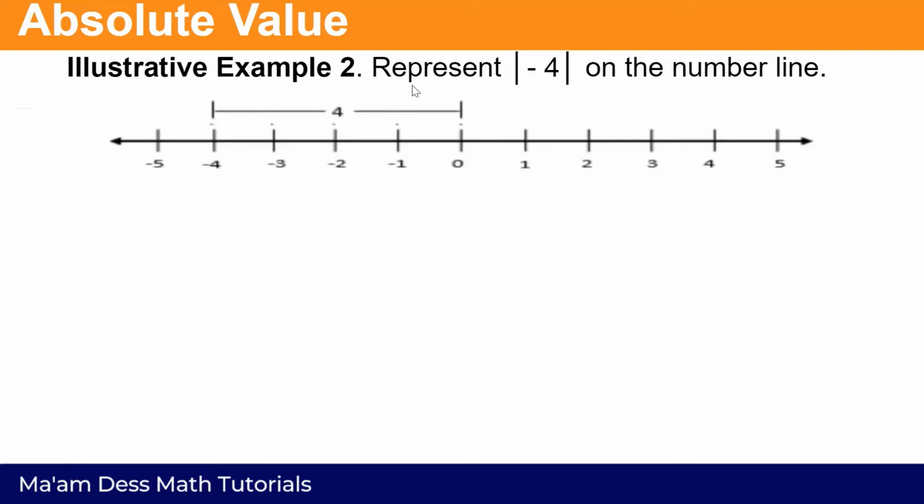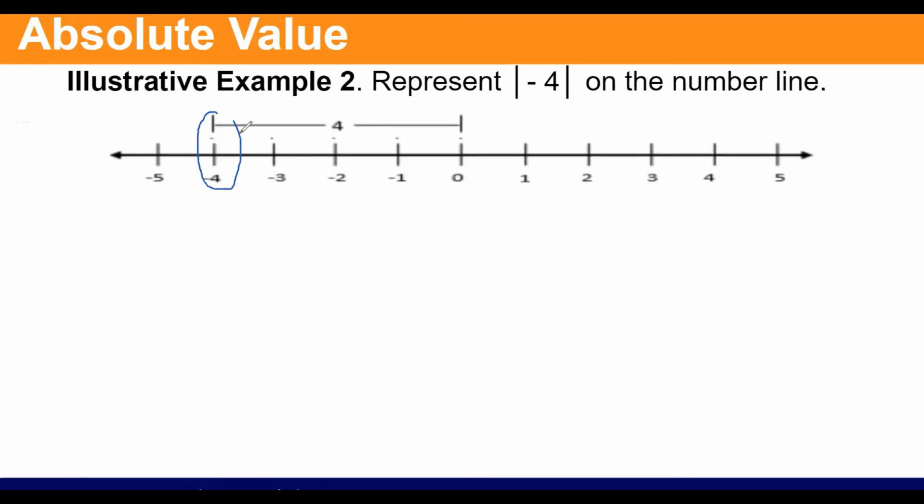So we have -4, and this one is the 0. You have to count how many units from 0 to -4. Let's count: 1, 2, 3, 4. As we can see, we have 4 units.